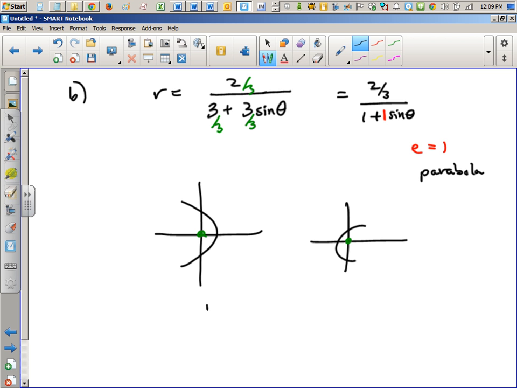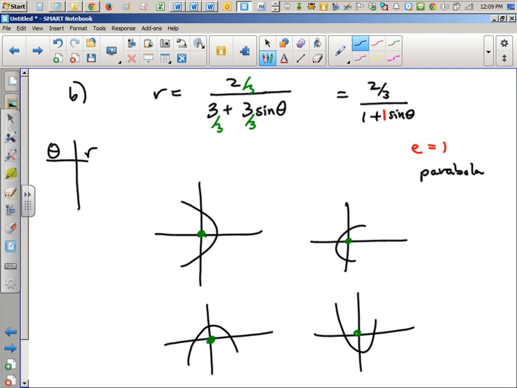It's just got to be one of these 4 pictures. Is it this one? There's only one other possibility. Is it this one? That's why we use the table. So let's just make a quick table. We'll be able to nail that down real quick. We kind of made it multiple choice here, didn't we?